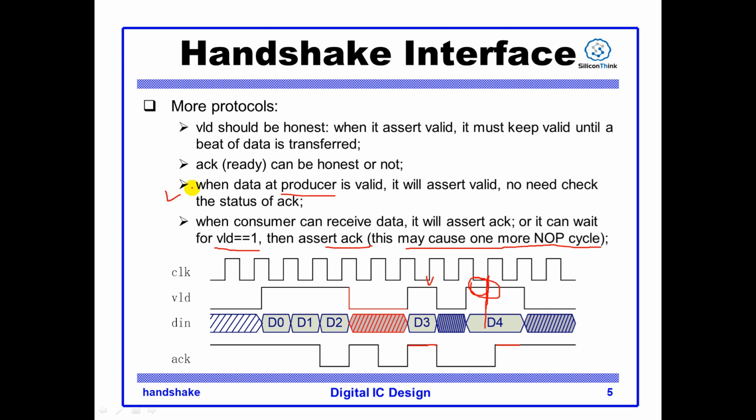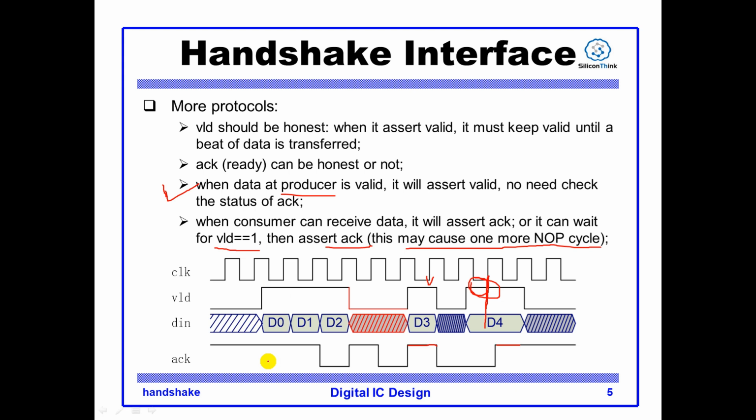And this one is very important. You can imagine this situation. For example, if block A waits for ACK to be 1, then it will assert valid, and block B waits for the status of valid to be 1, then asserts its ACK.